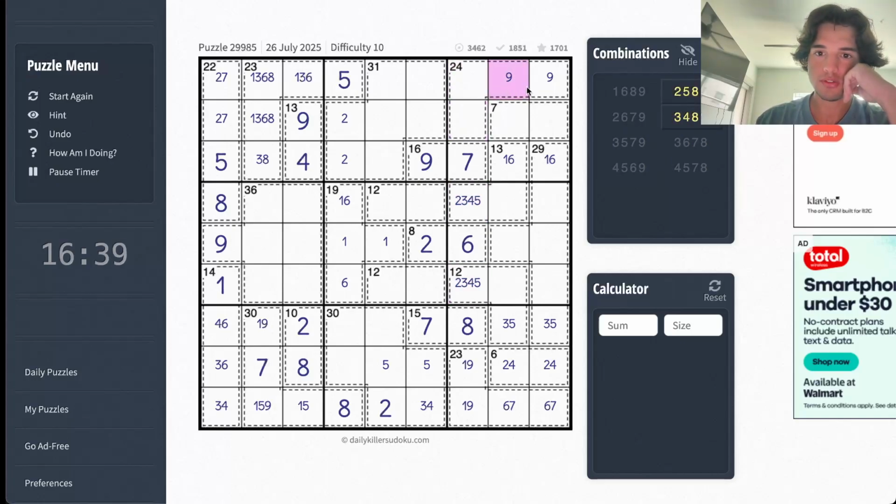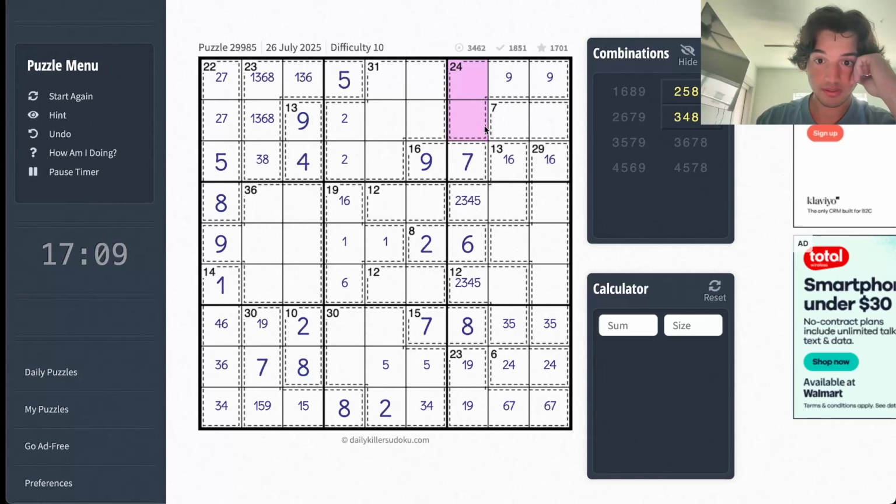So that doesn't work. 2, 5, 3, 4 doesn't work, because then you're left with a 2, 5. Yeah, because one of those needs to be a 9 there. So I don't believe this could be 2, 5 or 3, 4. Because, yeah, you'd need a 2, you need the other 3, 4 here.